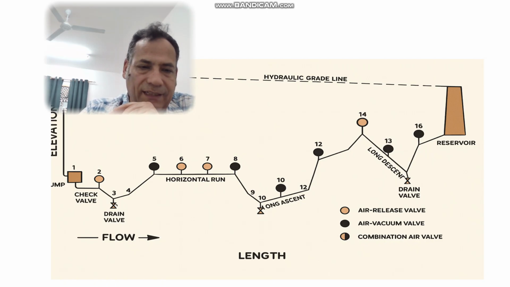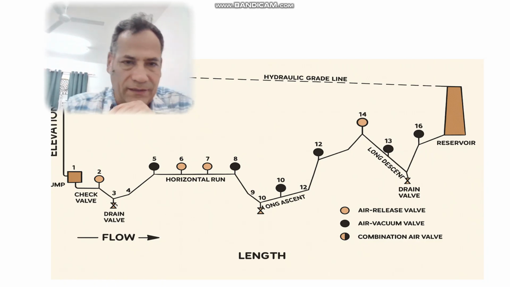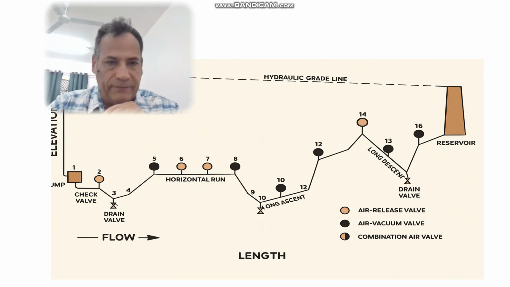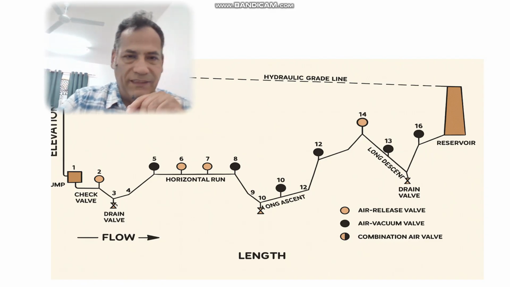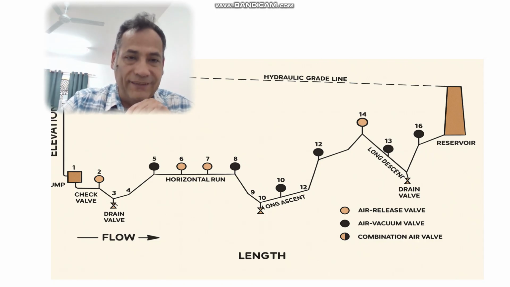I will explain one of them, for example point 5. Why do we use an air vacuum valve? Because here we have a slope.